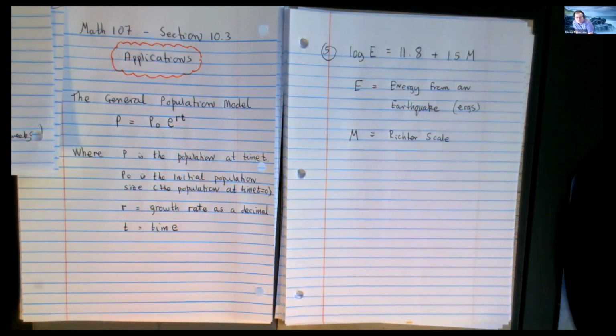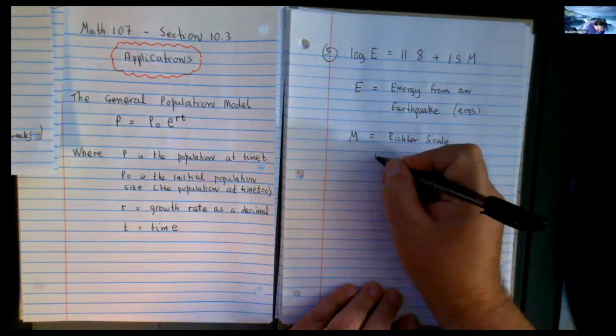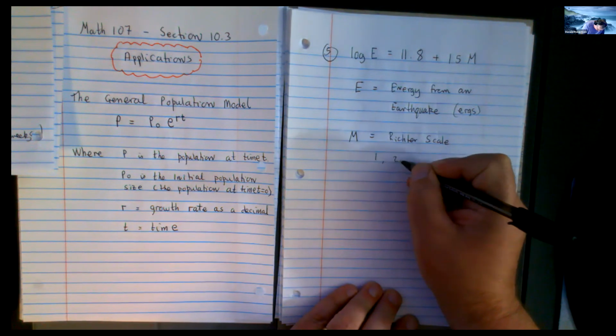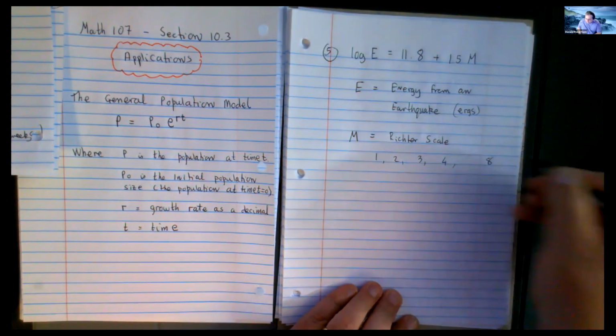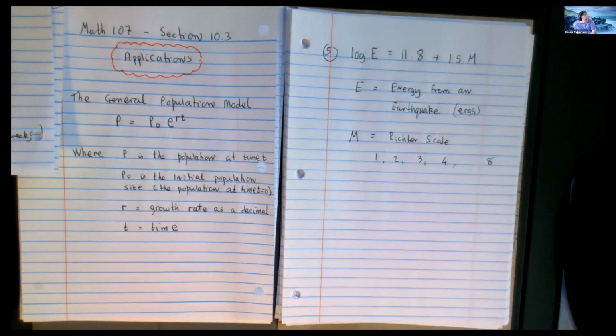Well, I won't be here, but the Richter scale is a very interesting scale because if you know a little bit about it, it's not the kind of scale that you would expect. It's a number, right? It goes 1, 2, 3, 4, up to, let's say, an earthquake of 8 or something ridiculously big.